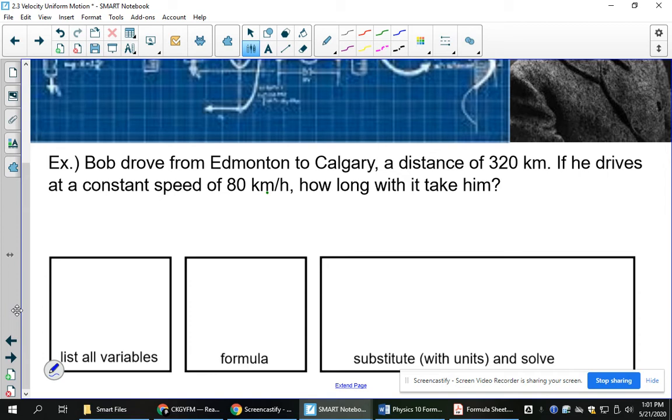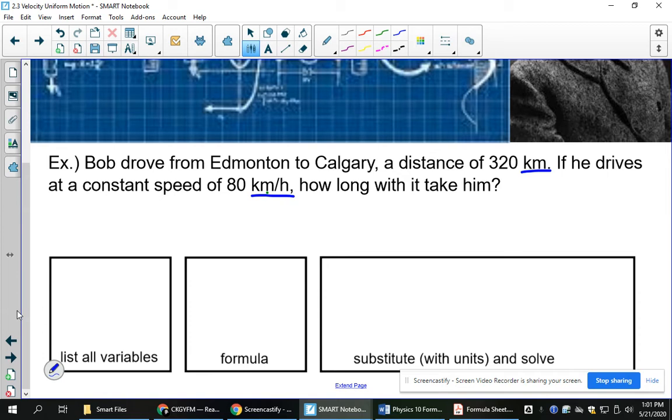Now, this question isn't necessarily in our base units that we like to use in physics, but I'm not going to change it to meters because the units match. Over here I have kilometers per hour, and over here I have kilometers. If they match up, we don't have to change anything. If I had one of them in kilometers per hour and one of them in meters, those don't match and I would have to change one.